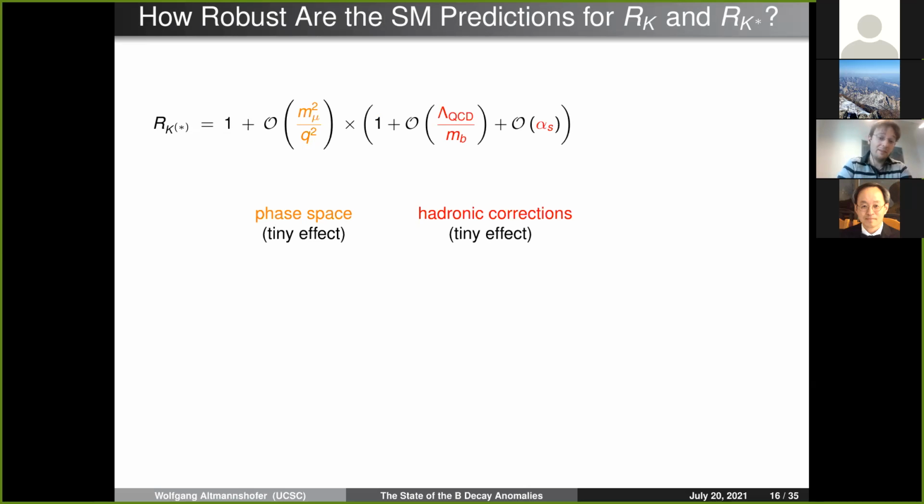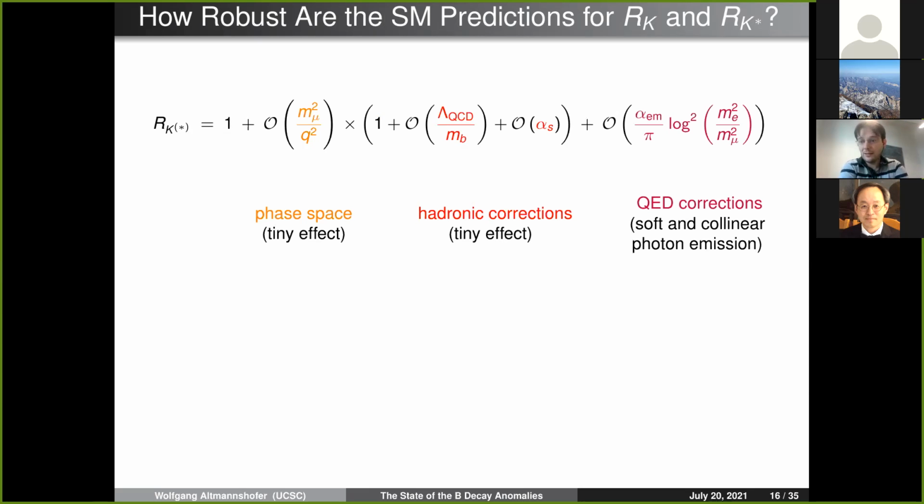Those hadronic corrections are, let's say, parametrically of order lambda QCD over the B mass or order alpha S corrections. Those are only relevant to the extent that there are these phase space effects, so that this cancellation is not perfect. There are these tiny per mil level leftover terms which are very uncertain, but because they are tiny, one doesn't really care how big the uncertainties are in the end.